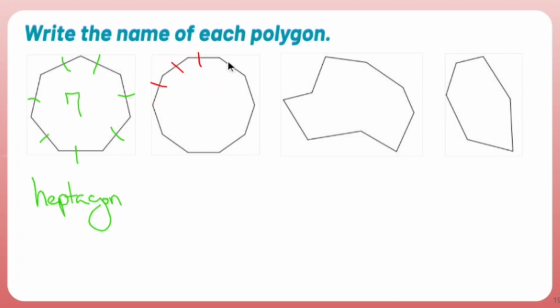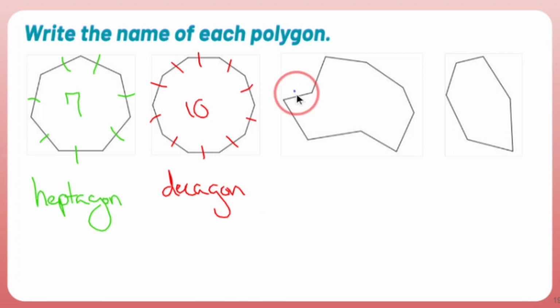1, 2, 3, 4, 5, 6, 7, 8, 9, 10 is a decagon. 10. Decagon. Now, I'm marking the sides so I don't accidentally overcount. So these little marks don't mean necessarily that they're the same. I mean, in this case, they look like they are.